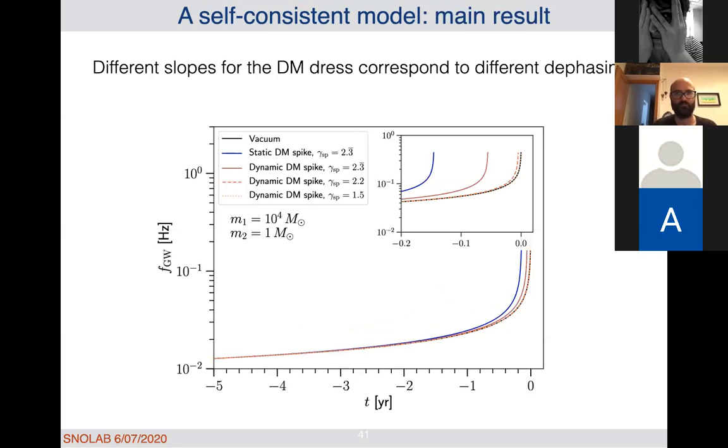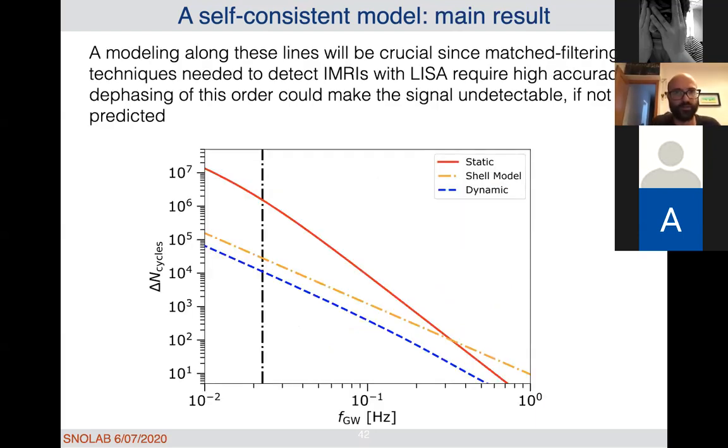Yeah, this is the same result, but for a different mass ratio. So it's very similar. And this is the same result, but visualized in terms of dephasing. So instead of plotting a spectrogram, the frequency of the wave as a function of time, I plot the difference between the number of cycles that you expect with respect to the vacuum case.